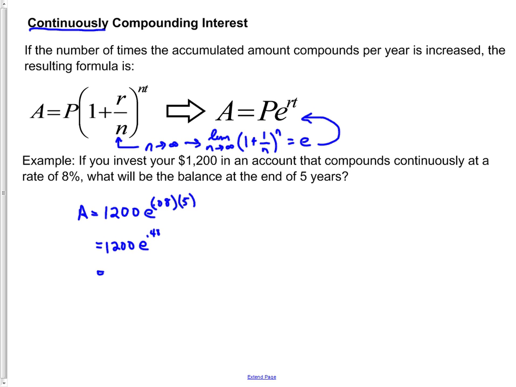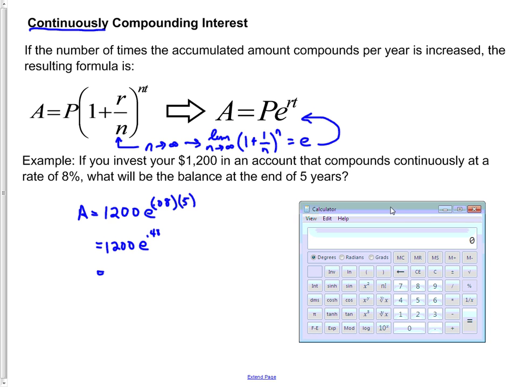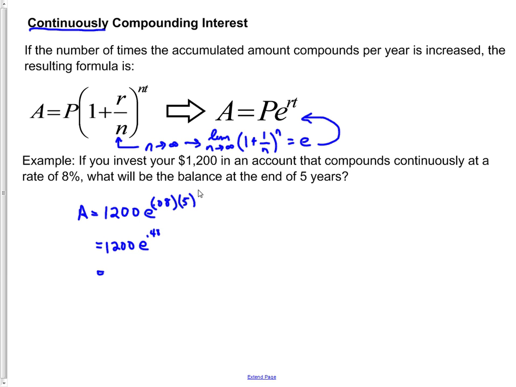And so if we were to get our calculator out and work this one through, I would work it out this way. I would get my e to the 0.40 here.